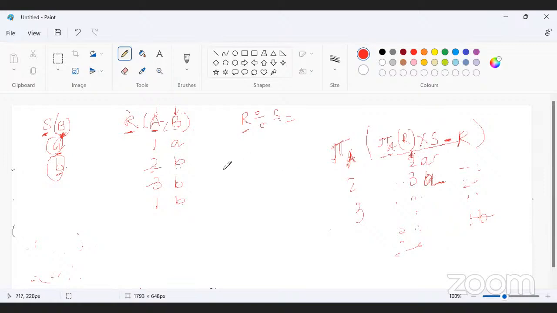So how do we get them? If we select A from the R relation here, then we will get 1, 2, 3, right?